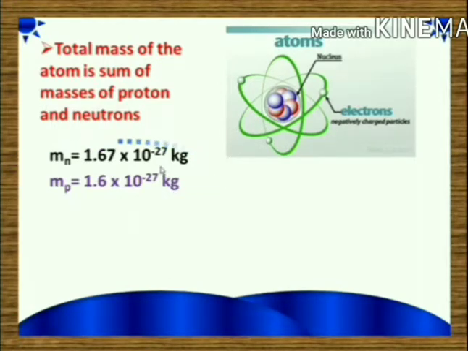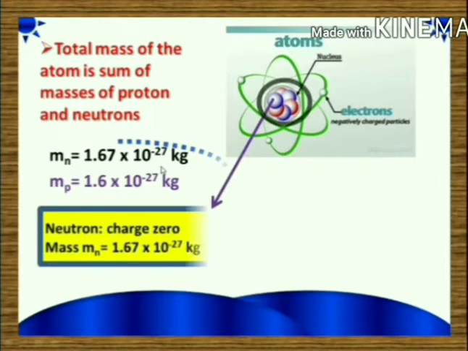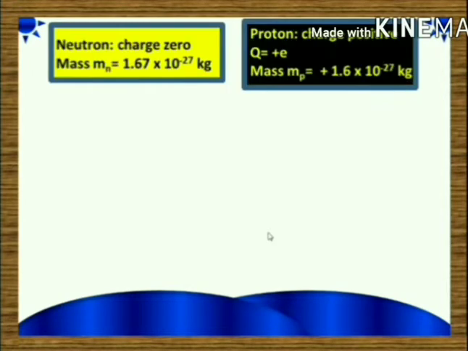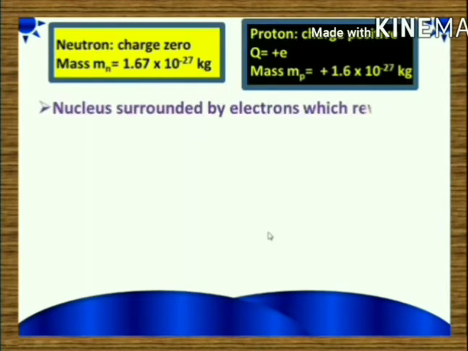Proton is a positively charged particle and its charge is 1.6 × 10^-19 coulombs. It is a positive charge. And neutron is neutrally charged, that means it doesn't have any charge. This nucleus is surrounded by electrons which are revolving in their specific orbits.